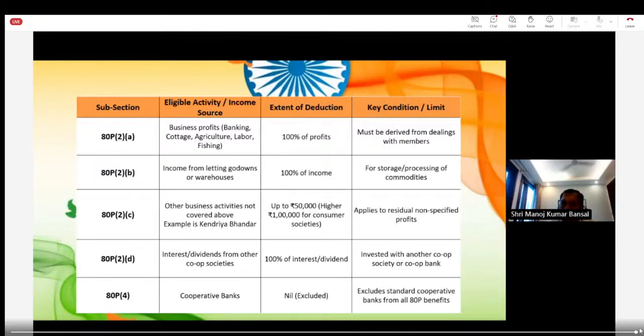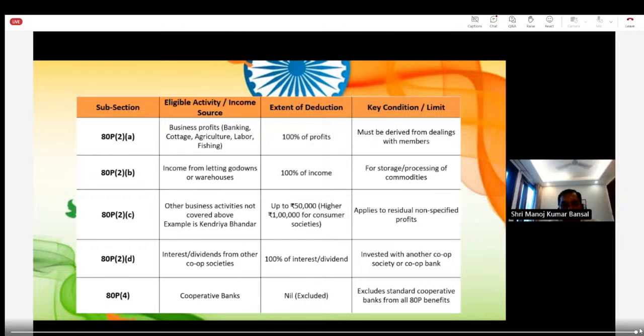Commodity means agriculture produce mainly. 80P(2)(c), other business activities not covered above. Above means these five sectors: banking, cottage, agriculture, labor, and fishing, and letting of godowns or warehouses. Others are covered under this. So a clean example is Kendriya Bhandar.